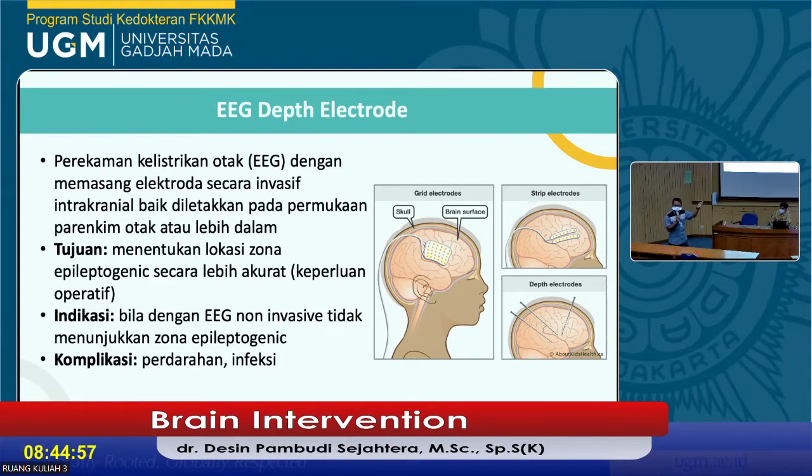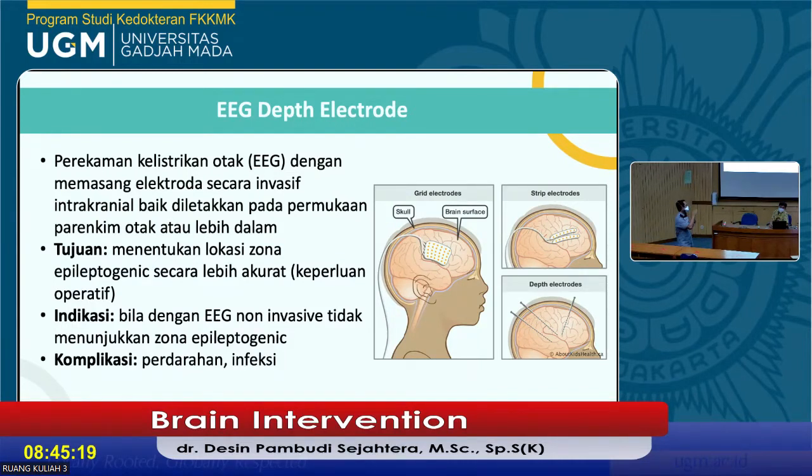This one is about invasive EEG. The previous slide was about non-invasive EEG, where the electrodes are put on the scalp. In invasive EEG, the electrodes are put under the scalp.